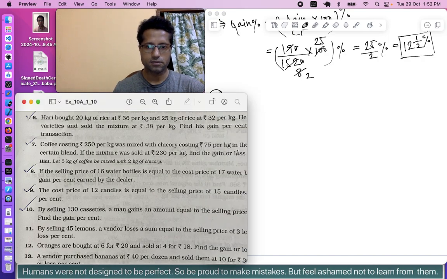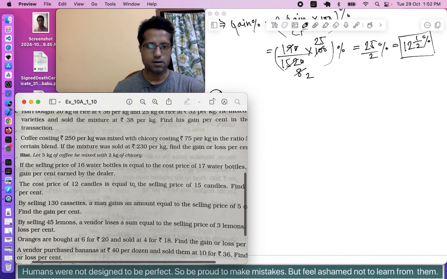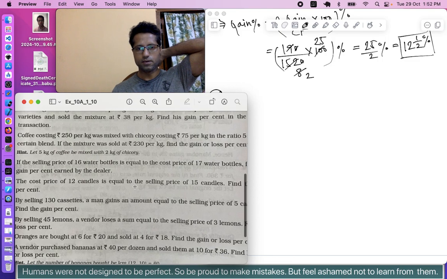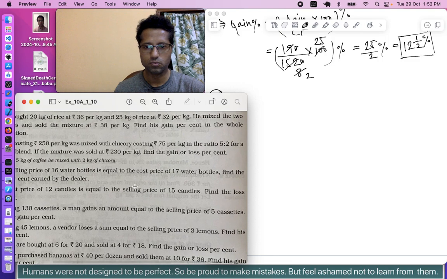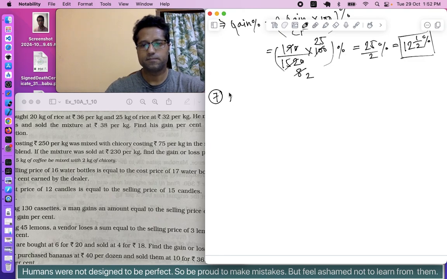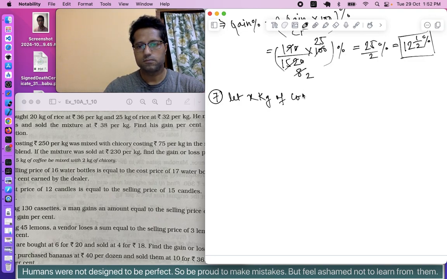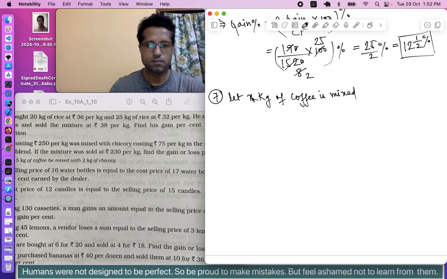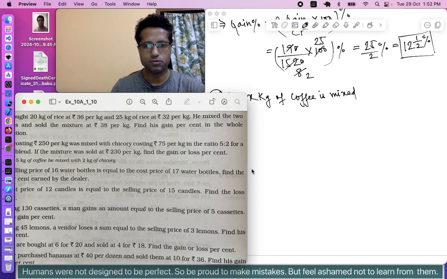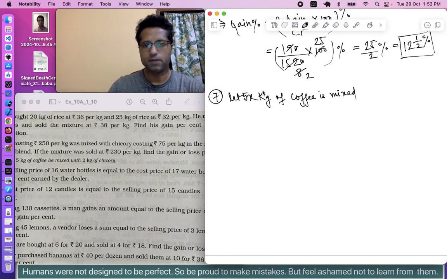Since the ratio of the amount of coffee and the chicory that was mixed is given to be 5:2, as per the ratio it should be 5x. Let 5x kg of coffee be mixed with 2x kg of chicory.